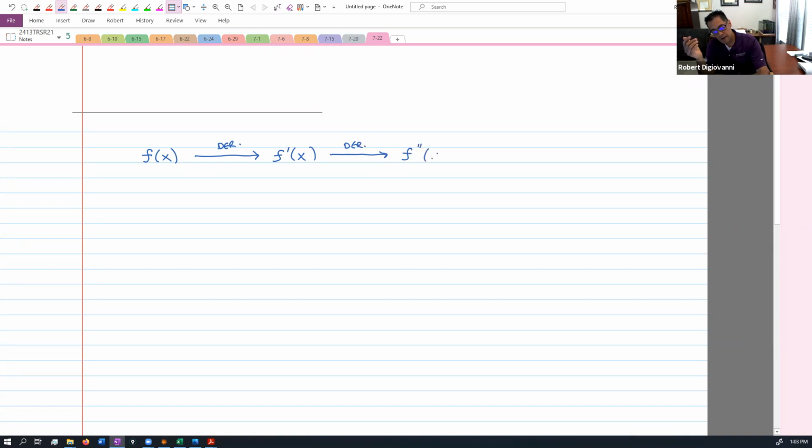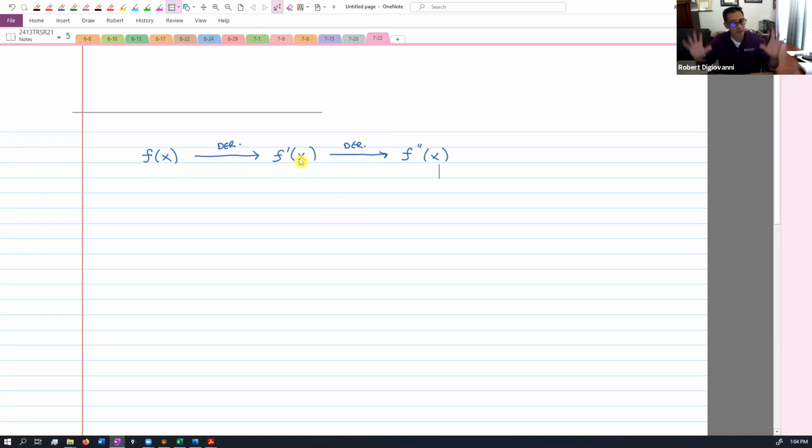Now, when we were talking about optimization or curve sketching or shapes of graphs, the first and second derivatives were useful to us. They helped us figure out critical numbers, where things are going up and down, where we have concave up, concave down, things like that.